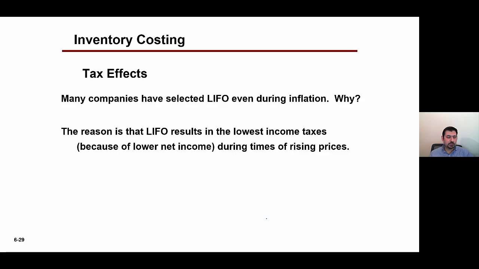And as you remember from the table before, the income will be the lowest under LIFO during inflation or during rising prices. This is why companies sometimes, like Caterpillar, may not want to switch to FIFO, because they will have to pay additional taxes, and rather than doing that, management may decide to keep the cash in the company and keep reporting using LIFO.